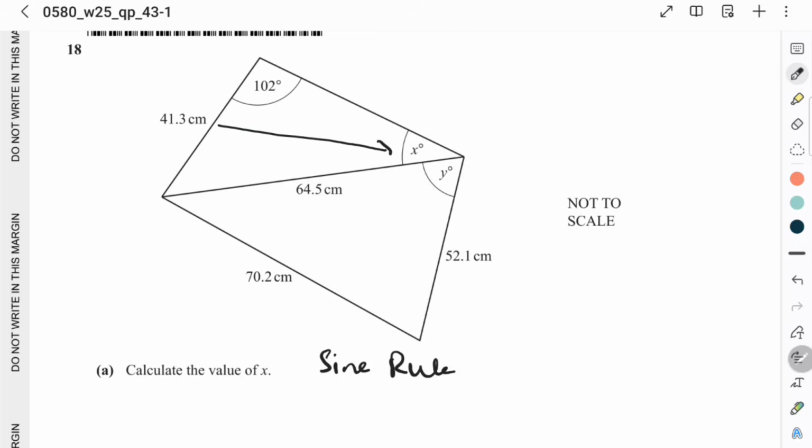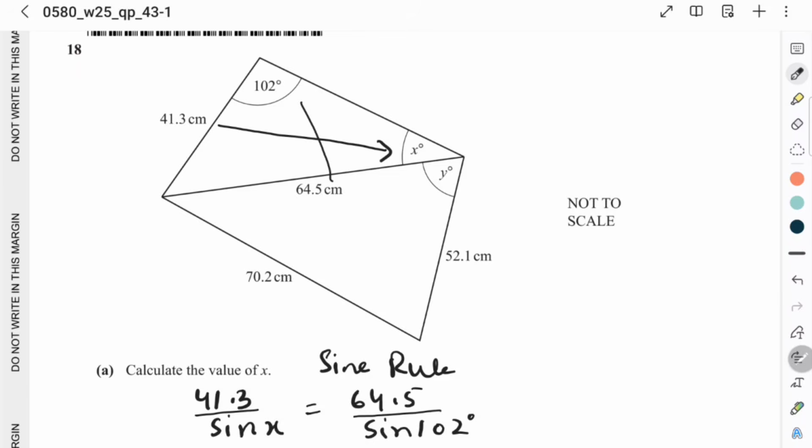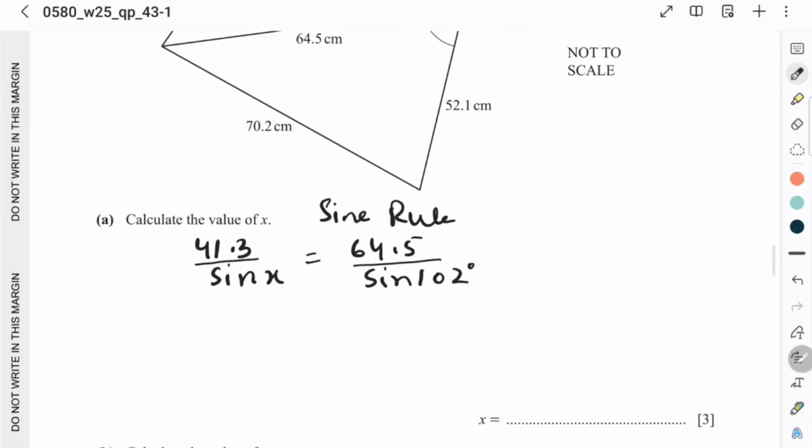So you are going to do 41.3 upon sine x is equal to 64.5 upon sine 102 degrees. So 64.5 sine x is equal to 41.3 sine 102.